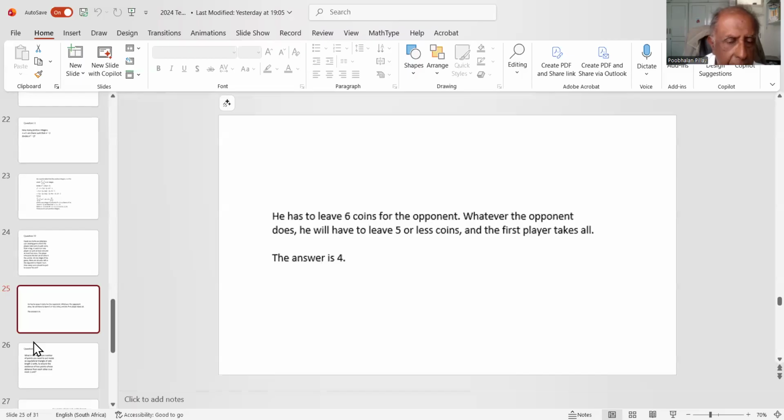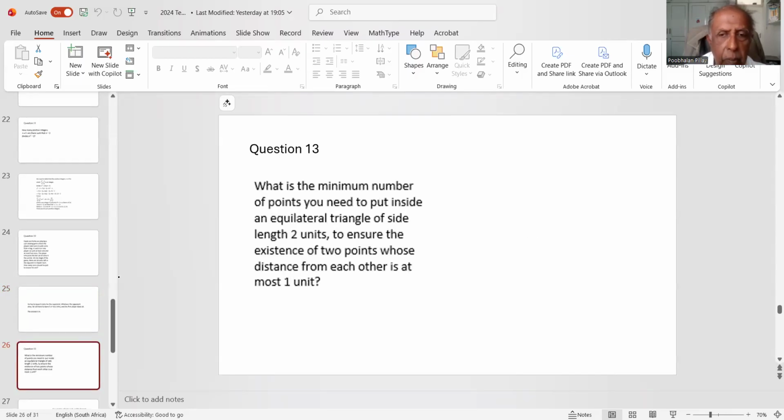Oh, okay. So I'll give a very quick answer to this. Question 13. What is the minimum number of points you need to put inside an equilateral triangle of side length 2 to ensure the existence of 2 points whose distance from each other is at most 1 unit? Now this is quite a mouthful.